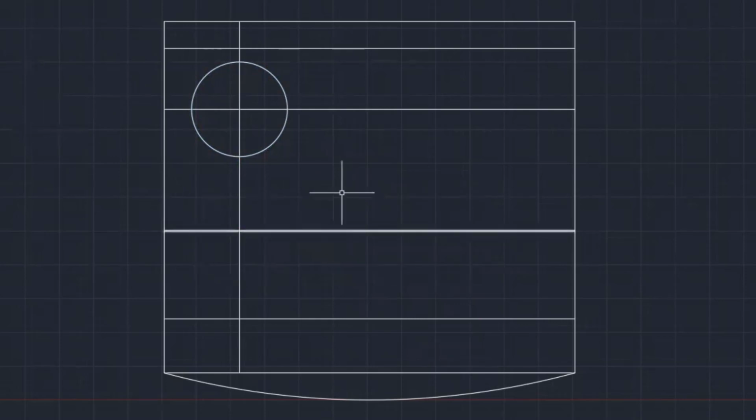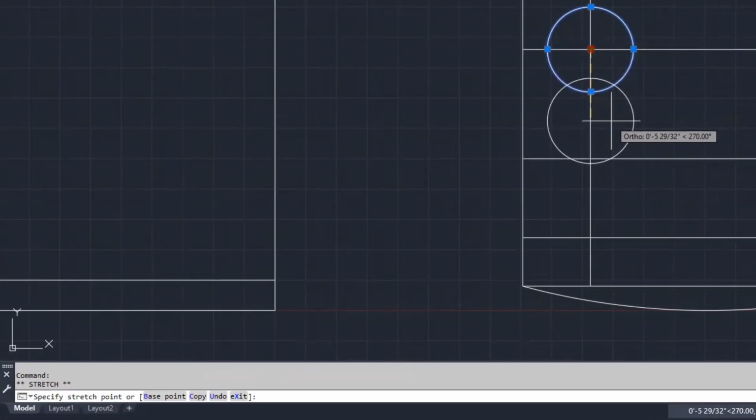Another way to do it is to select the circle first by clicking on it. I see the grip points. I select this grip point at the center. I give it one click. And now I'm prompted if I'd like to stretch it. And then I look at my command line and I have a copy option there.